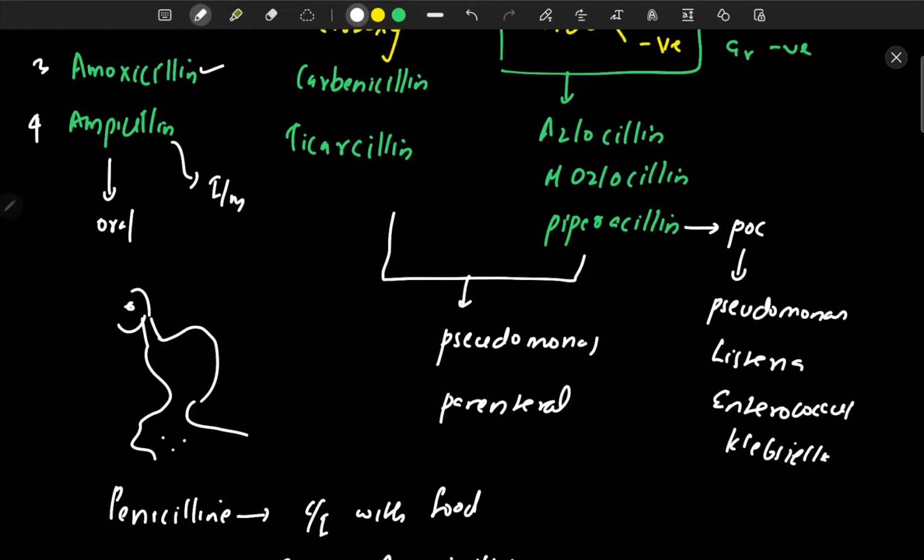The antibiotic will destroy that normal microbial flora, and that will cause diarrhea. As amoxicillin has good oral absorption compared to ampicillin, less antibiotic reaches the intestine. So amoxicillin will cause less diarrhea compared to ampicillin, which causes more diarrhea.